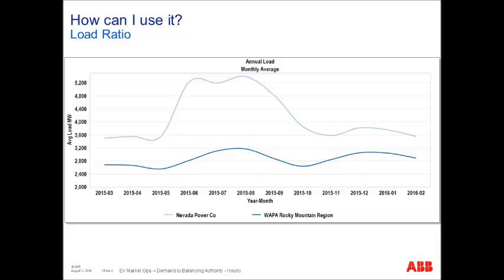So the last real tool that I'll talk about before I get into some quick sample analysis is what's known as a load ratio. Like I said, it's another useful measurement. For any given time period, the load ratio is your load divided by your maximum possible load.